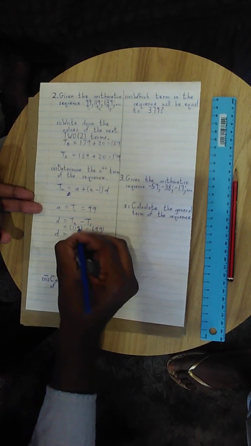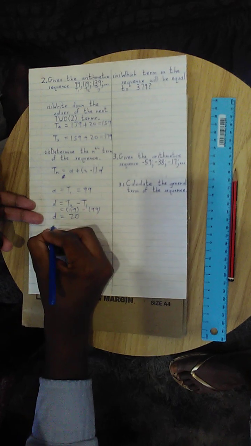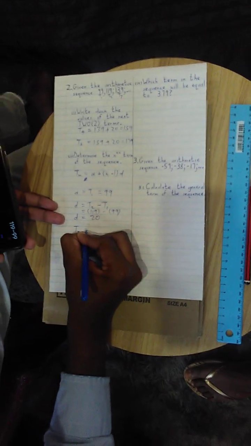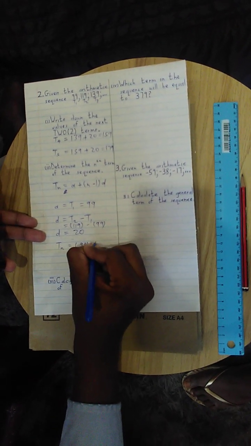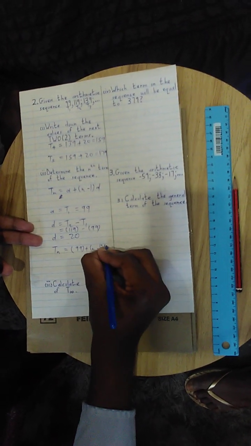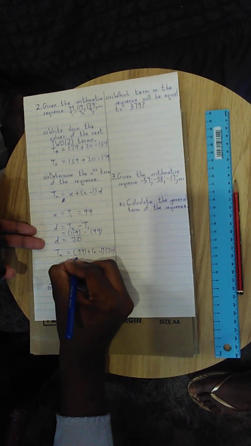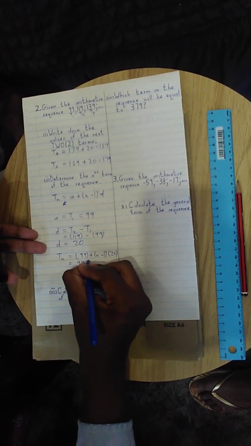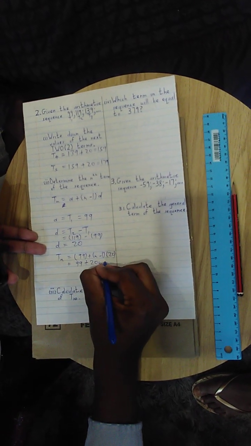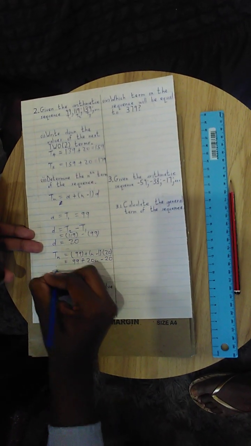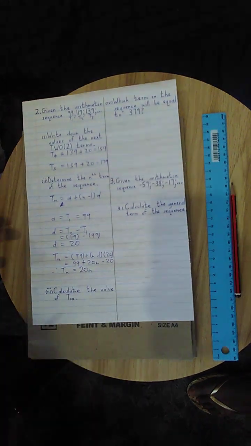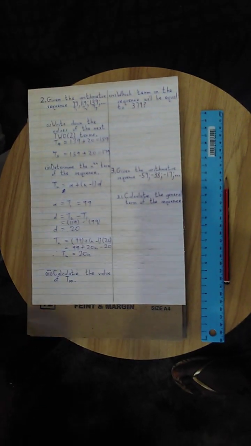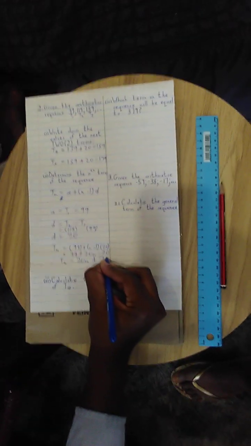So we get D is 20. So Tn is equal to A is 99 plus n minus 1, 20. Plus 20n minus 20. So the final answer is Tn is equal to 20n, 99 minus 20, plus 79.